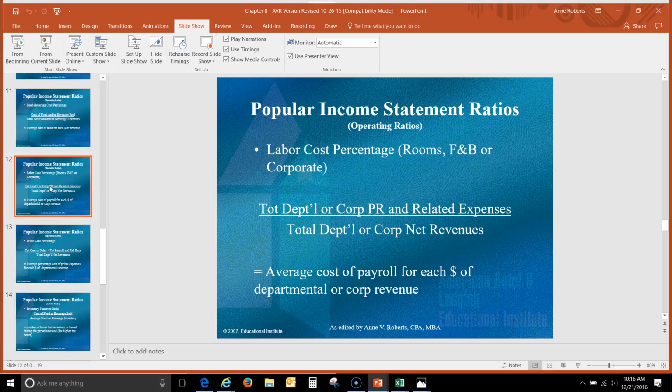Now we're trying to determine what is the cost of our labor that's going into preparation for that food and beverage, okay? So here, again, we can do departmental or corporate, okay? So we'll start with departmental. We take total departmental payroll and related expenses, and we divide that by total departmental net revenues, okay?